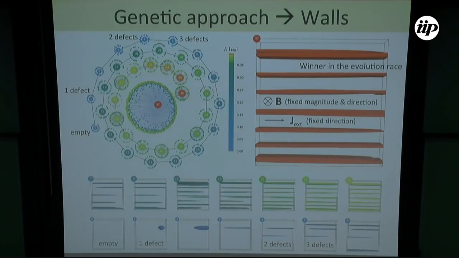So this is the evolution tree. By these thick marks, I show the successful mutations. And by these smaller dots, I show the unsuccessful mutations or dead mutations with smaller current. So we go from an empty superconductor, then it generates one defect with somewhat larger critical current.